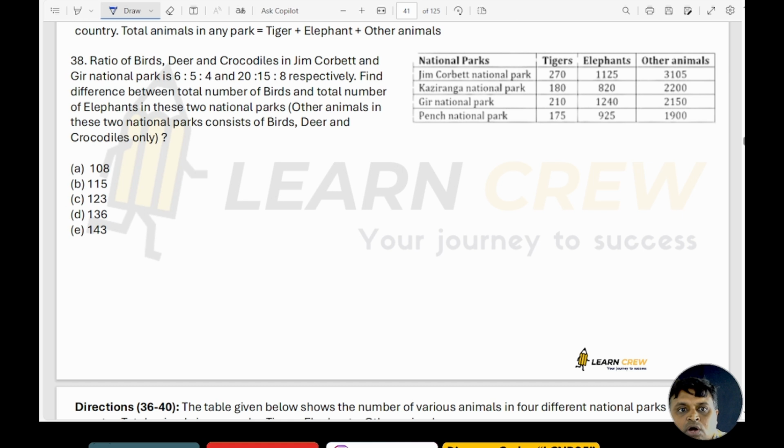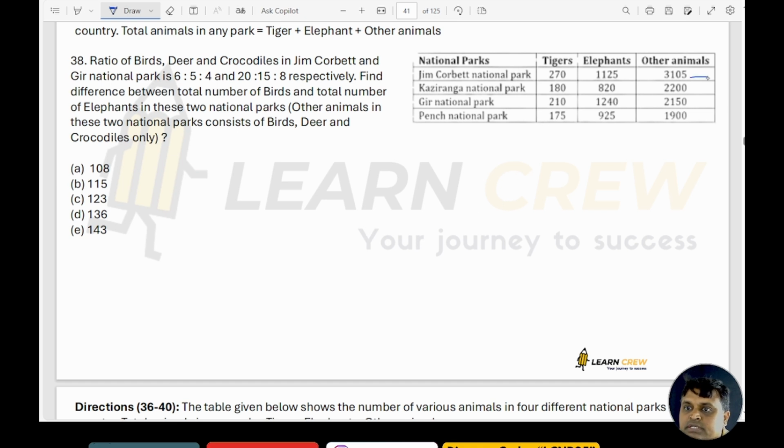Next, ratio of birds, deer and crocodile in Jim Corbett and Gir National Park are 6 is to 5 is to 4 and 20 is to 15 is to 8 respectively. Find the difference between total number of birds and total number of elephants in these two national parks. Other animals in these two national parks consist of birds, deer and crocodiles only. So see here, number of birds in Jim Corbett National Park.